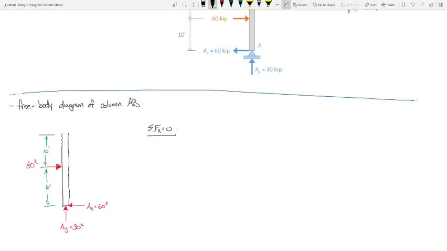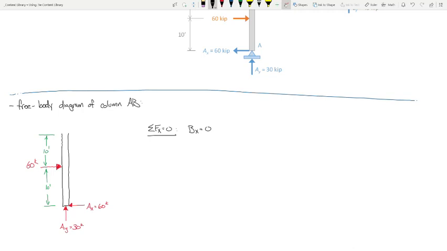There's going to be an unknown horizontal force, an unknown vertical force, and an unknown moment here at B. What is the unknown horizontal force going to be? 0. And how did you get that? Yeah, you have 60 going to the right, 60 going to the left, they cancel. So we're going to say Bx is 0. Does that make sense?